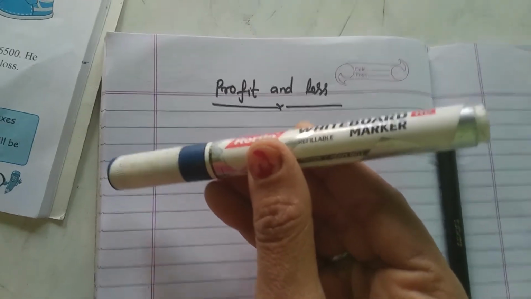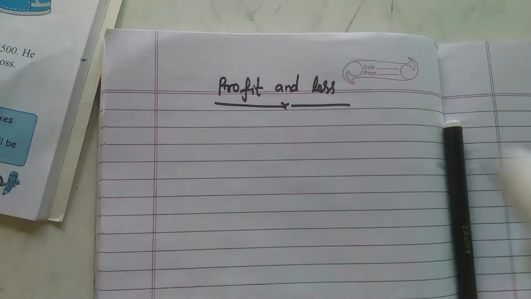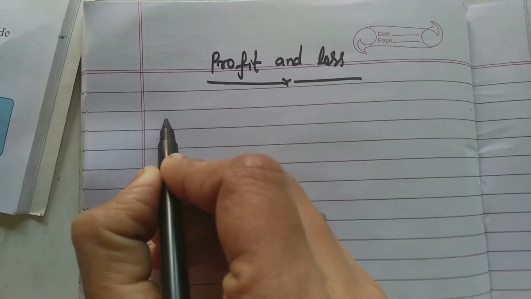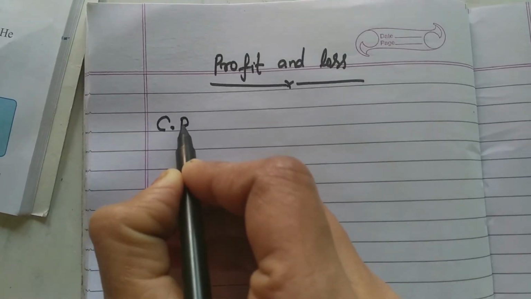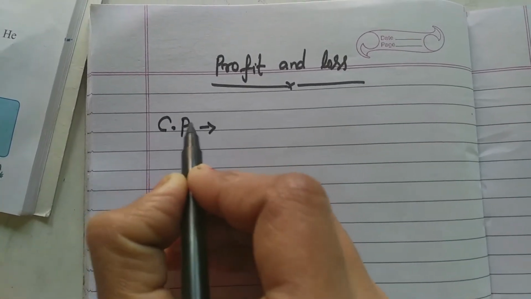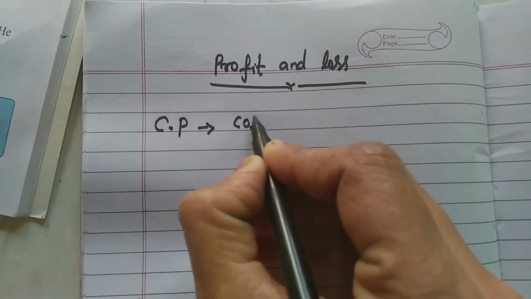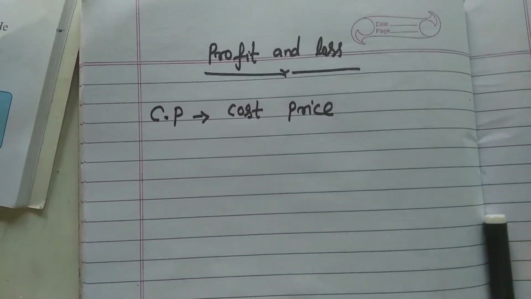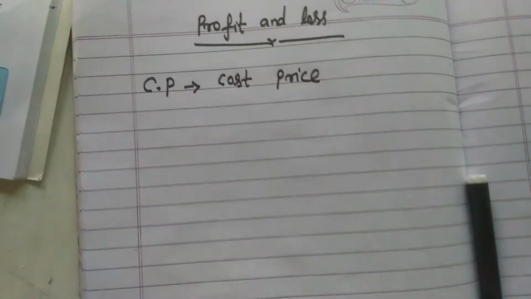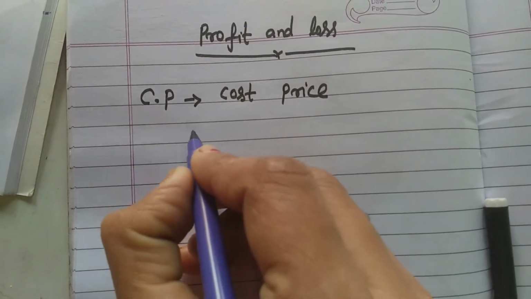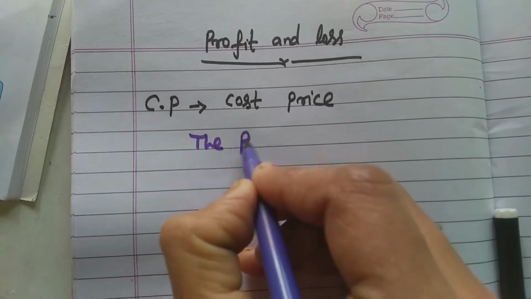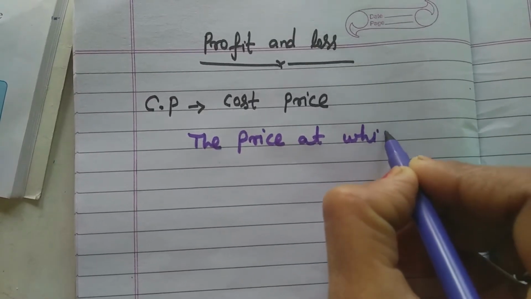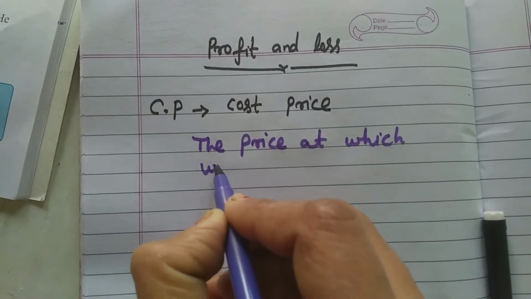Have you understood? So, in this topic of profit and loss, we have to understand a few points. And the first point is CP. CP means cost price. Cost price means the price at which we buy a thing.